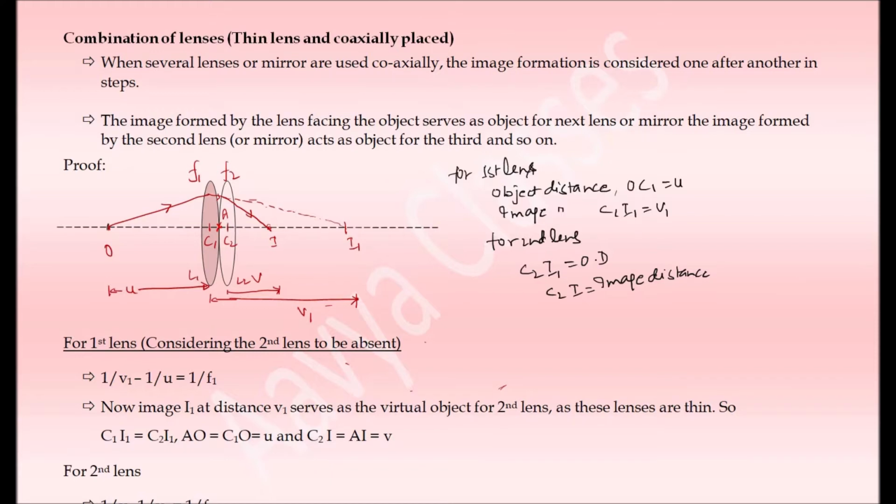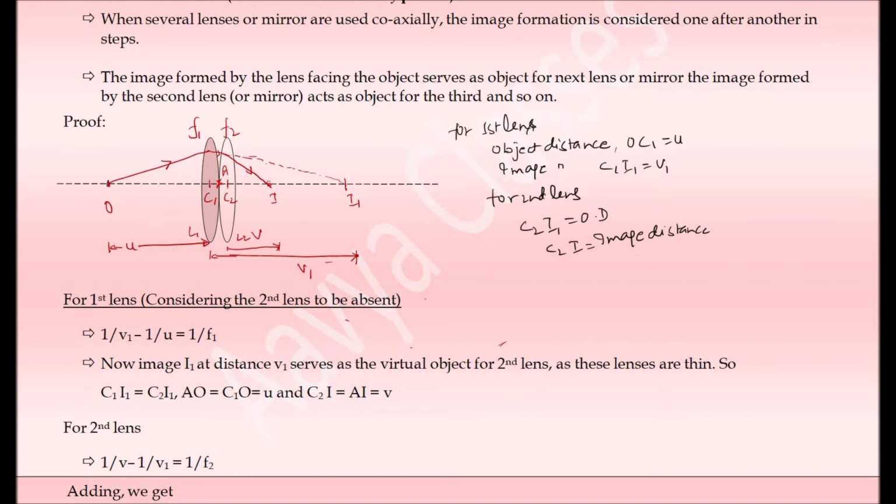We apply the lens formula for the first lens, considering the second lens to be absent. Our lens formula is 1/v minus 1/u is equal to 1/f, and here the object distance is u and the image distance is v1.